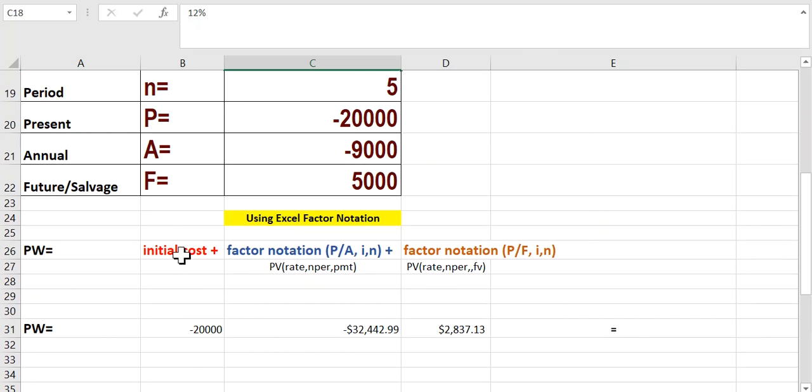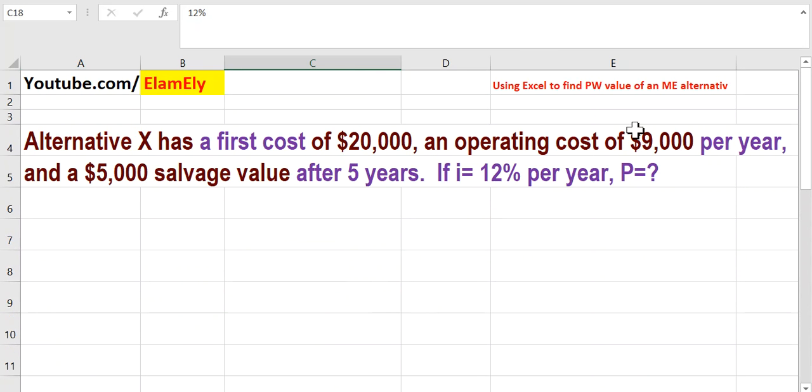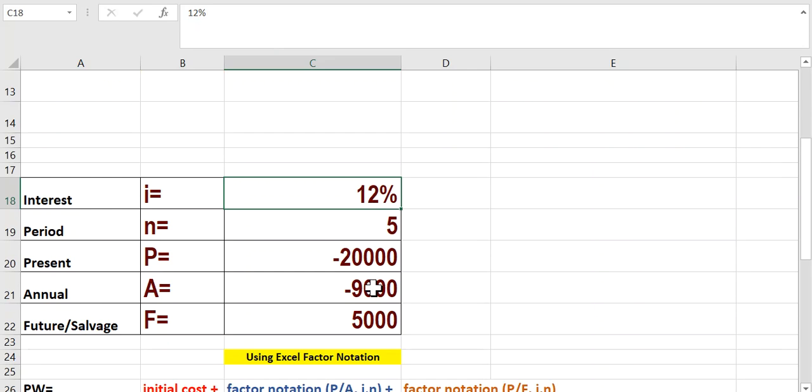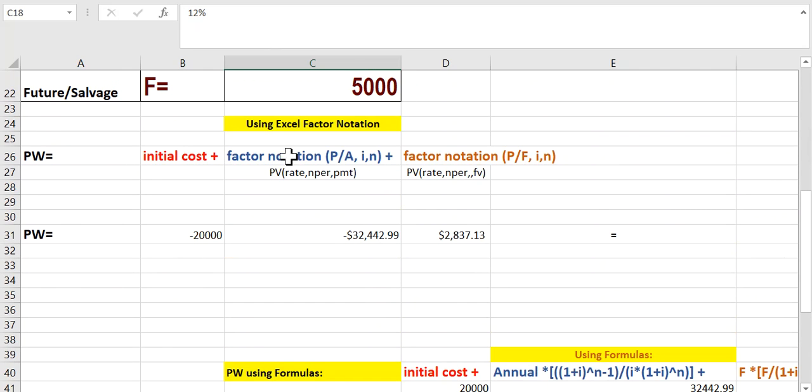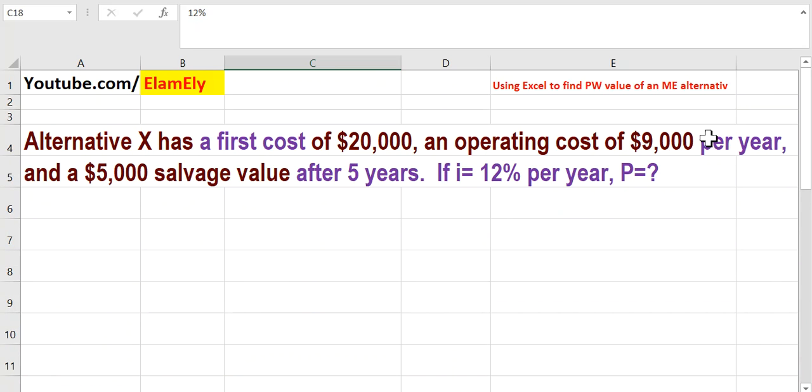What about the annual one? Annual is per year, so I have to convert it to P domain. So basically, I have to use something we call factor notation. This is from the table, but we are going to use the Excel sheet later on, as I'm going to show you.